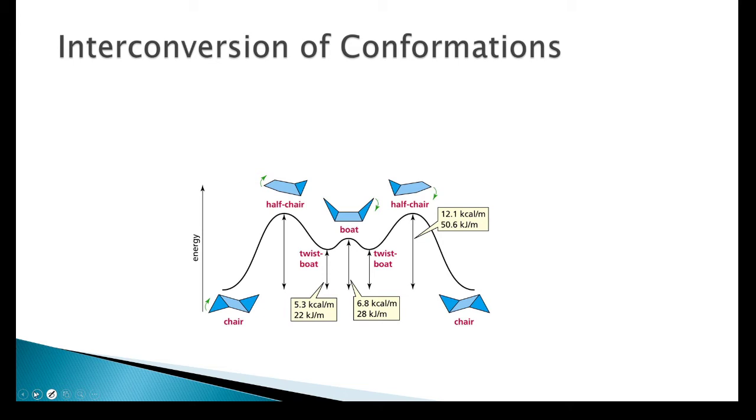Here is the conversion, or as they call it, interconversion of the conformations, going from chair to boat to chair, and so on. And I pictured it like origami when I was in class. The chair folding to become the boat, unfolding to come back to the chair. The chair has the least amount of torsional strain.